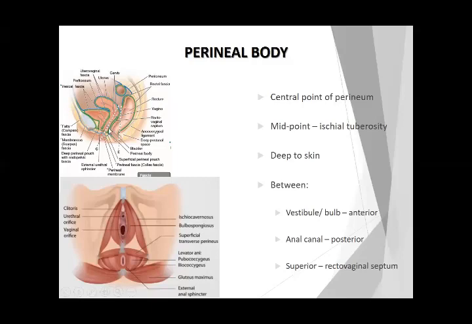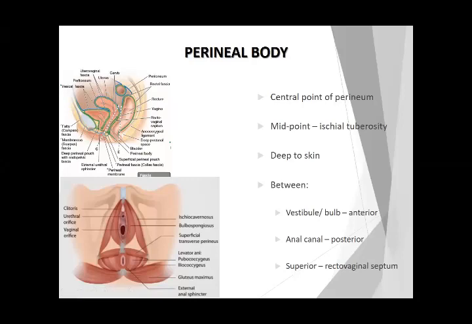Here. If you remove the uterus from here, that is in the males, the posterior surface of the urinary bladder will come in contact with the rectum. So between them would be the recto-vesical septum. The recto-vesical septum will fuse with the perineal body from above. So superiorly it is recto-vesical or recto-vaginal septum, whatever you want to call it.